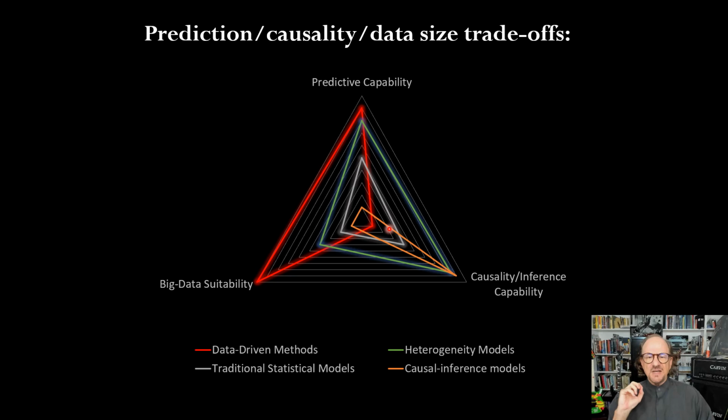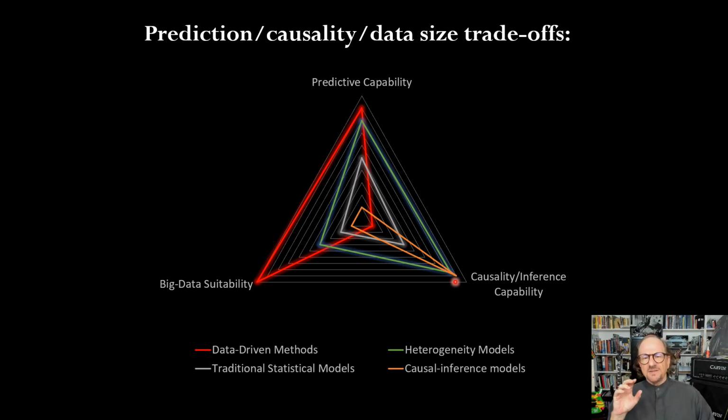Then there are the heterogeneity models, which have pretty good predictive capability, not to machine learning standards. Some big data suitability because you're using simulated maximum likelihood estimation in most cases, but not nearly as good as machine learning. But you do have a great opportunity here because they have very good causality. They're very good at uncovering causality.